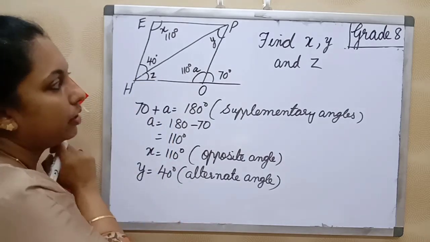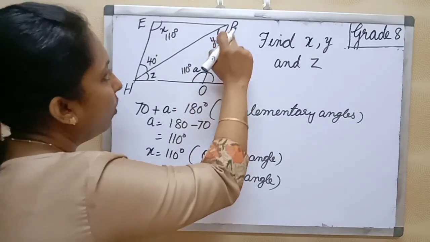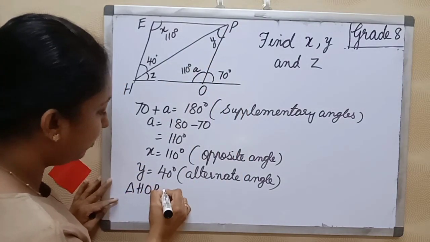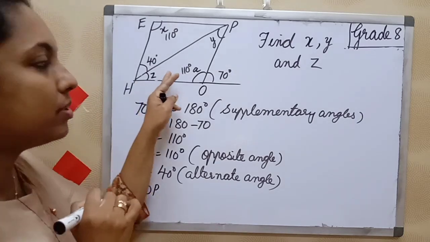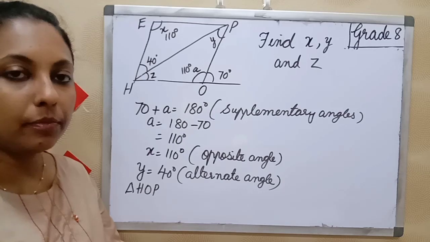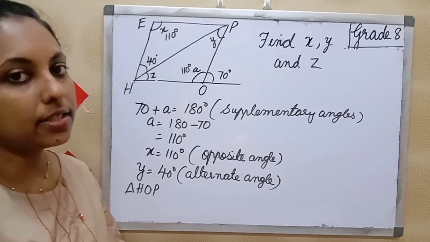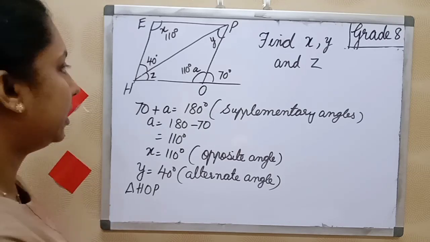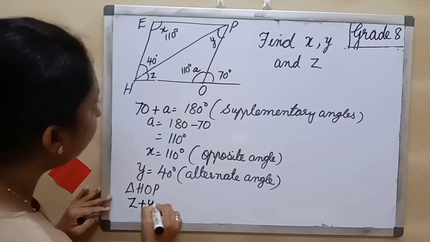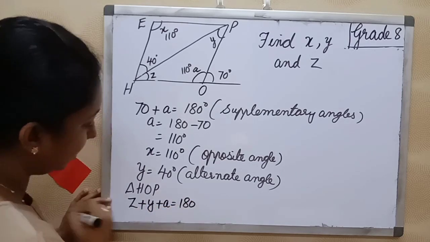Now Z also we want. Consider this triangle HOP. Then we can use the angle sum property. What is the angle sum property of a triangle? The sum of the interior angles of a triangle is 180 degrees. That means Z plus Y plus a is equal to 180.